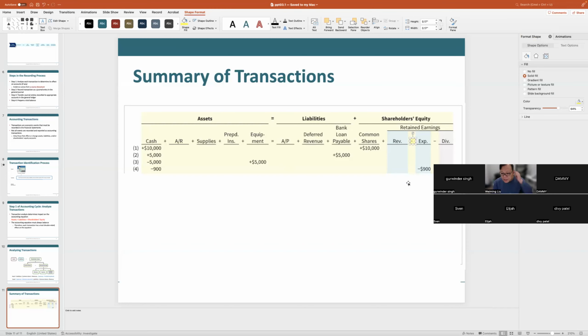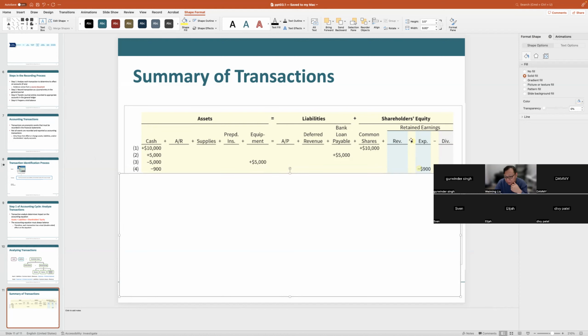There is a negative sign, right? So this negative sign is coming from this negative 900. That negative comes from that negative, okay? So basically, your cash decreased 900, your expenses increased 900, and this negative comes from this negative.